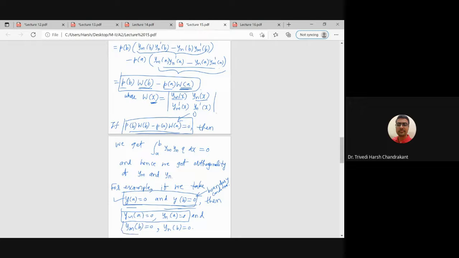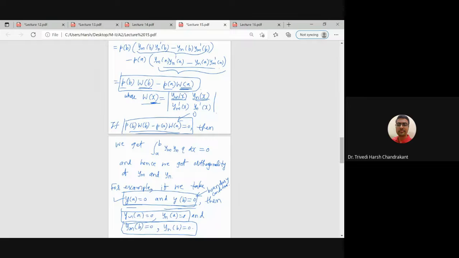Similarly, with the second condition, in the computation of W(b), we get ym(b) and yn(b), and that is 0. So the first row of W(b) is 0. So therefore W(b) itself is 0, right?